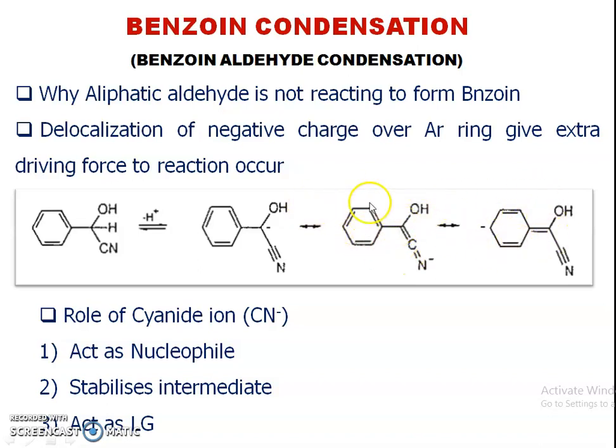So this carbanion is extra stabilized, and that is the reason for this unusual formation of the carbanion. One characteristic of this reaction is the role of the cyanide ion. Cyanide can act as a nucleophile, at the same time it can stabilize the intermediate, and third, it can also act as a leaving group.